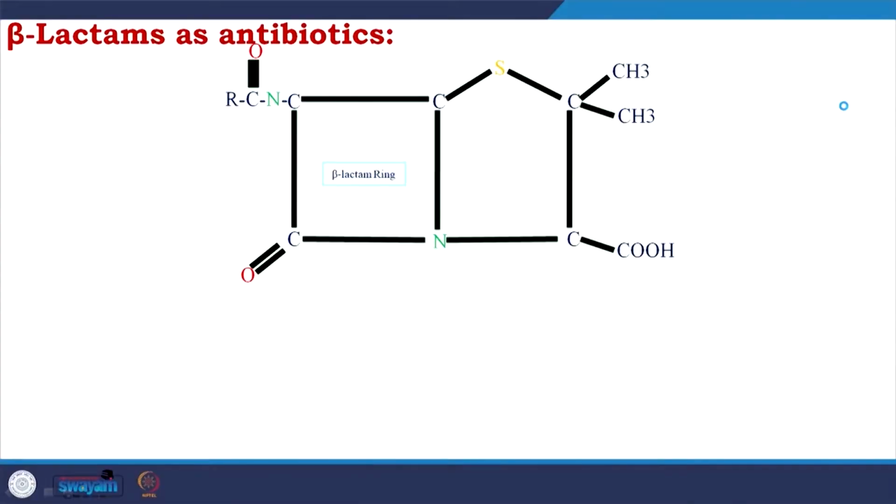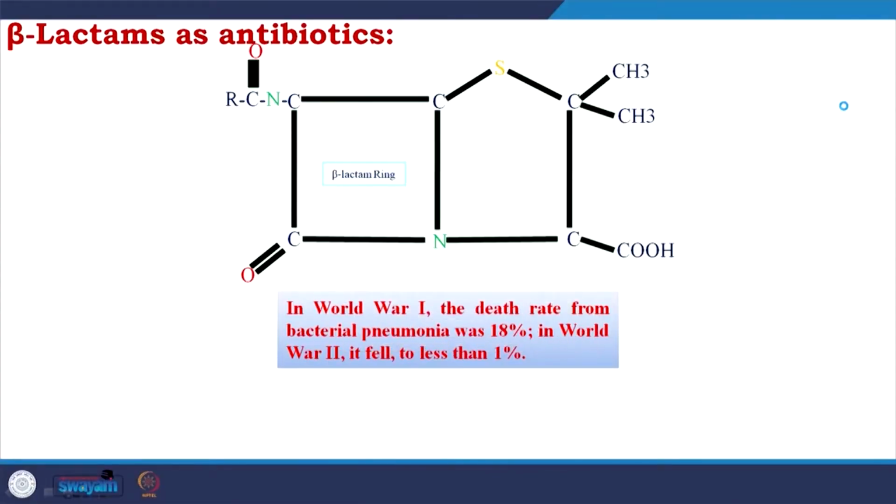So as I told, beta lactams as antibiotic were wonderful. In World War I, the death rate from bacterial pneumonia was around 18%, when we did not have beta lactams.